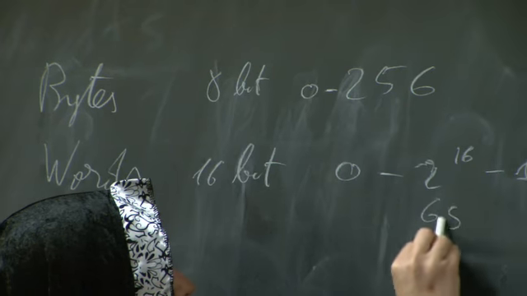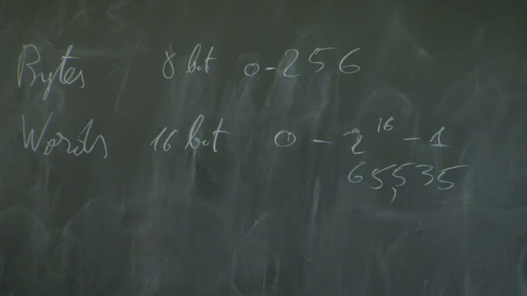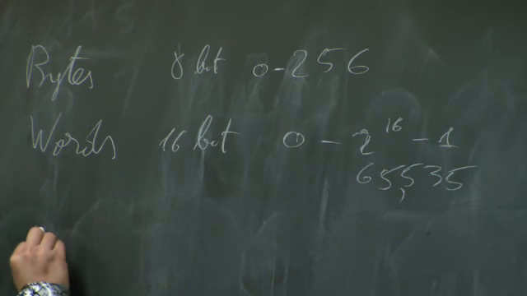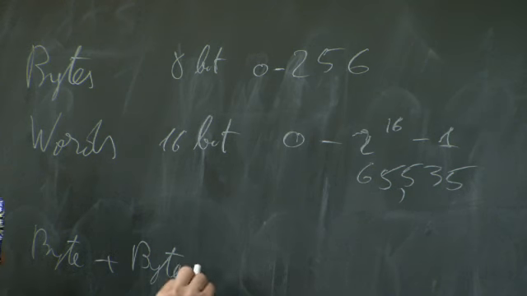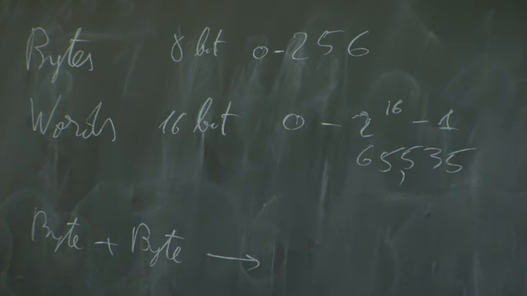If you care to know, this is 65535. OK, so if you take 2 bytes and add them together, what do you get? Not quite. It's a trick question. You get a word.